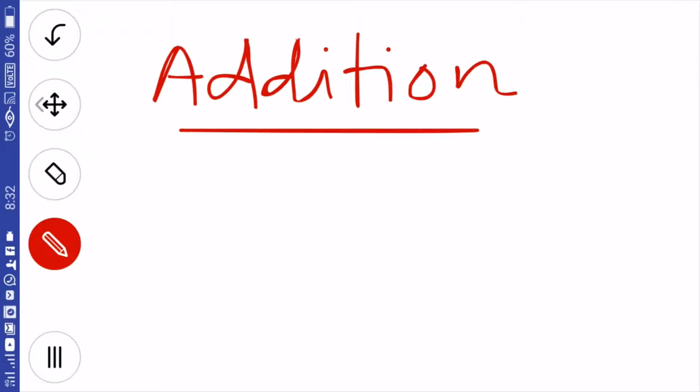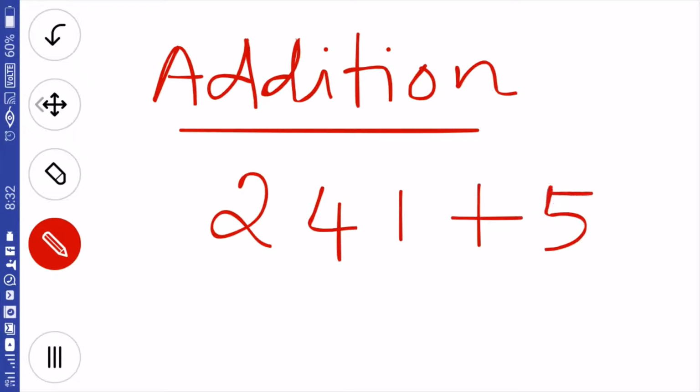Let's follow this. In this video we will see the concept behind addition in simple numbers. Suppose we want to add the number 241 to another number, say 53. How do we do it normally?